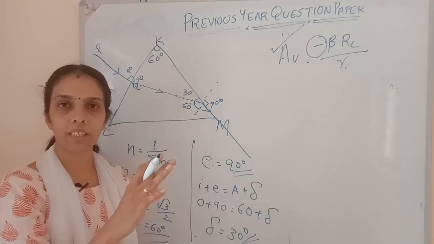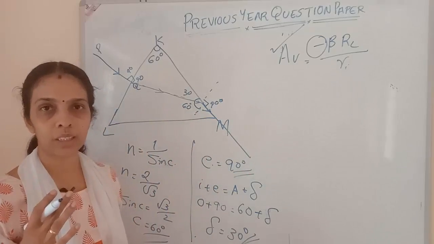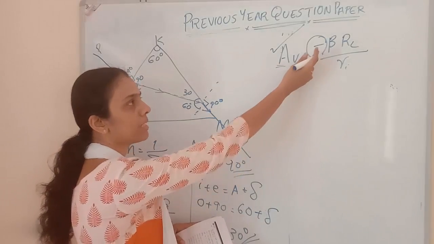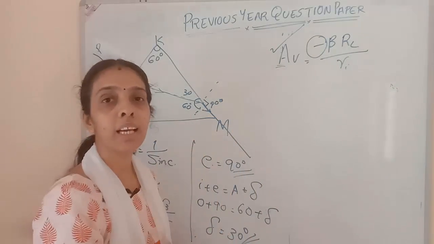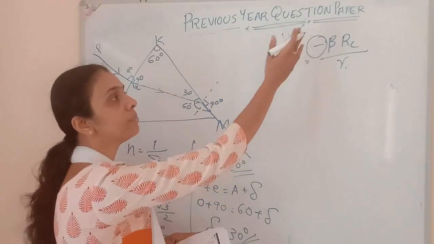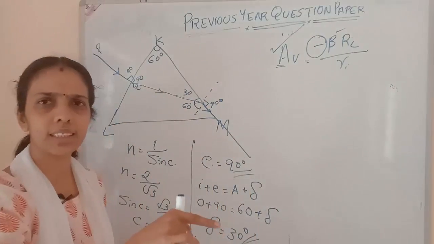Draw the common emitter circuit, and output voltage divided by input voltage, isn't it? Voltage amplification means output voltage divided by input voltage, voltage gain. Voltage gain equals amplification factor into RL by Ri. How are we getting this one?